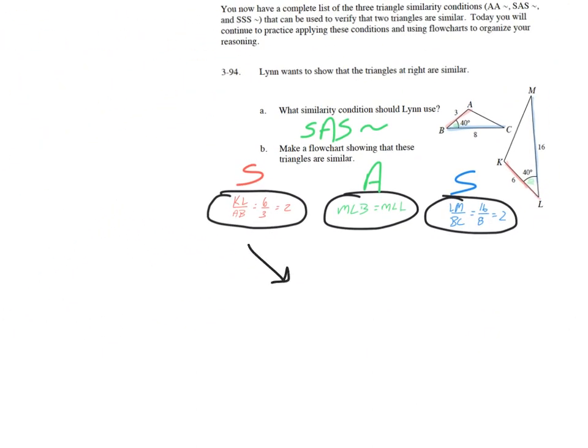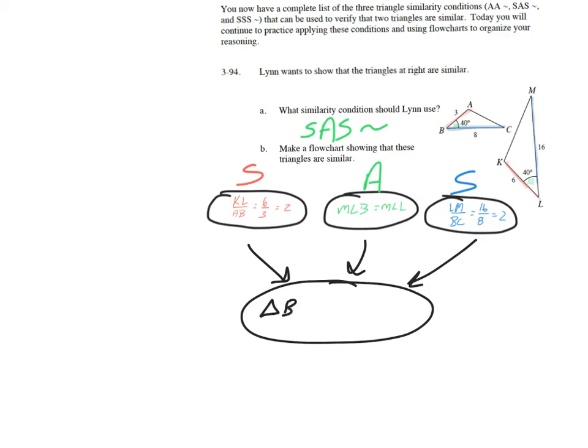And using those facts, we can draw a conclusion then, and all of these arrows point to the conclusion. And this is where we write our similarity statement. This is where I'm going to write triangle BCA is similar to, using that little tilde. And it doesn't matter how you write the first triangle, BCA, but the second triangle has to correspond with its vertices.